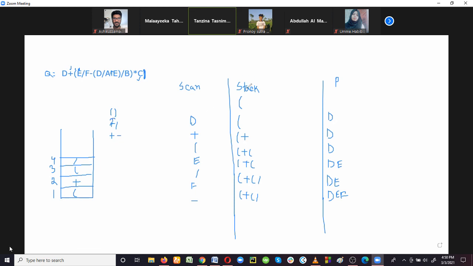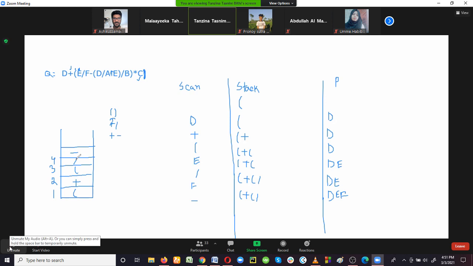Look at this. In this stack, we only store the data at the top of the stack. So the topmost data element in this stack is division, right? And when another operator has come, that is minus, we can't place it at the top of the stack because minus has a lower precedence level than the division operation, isn't it?